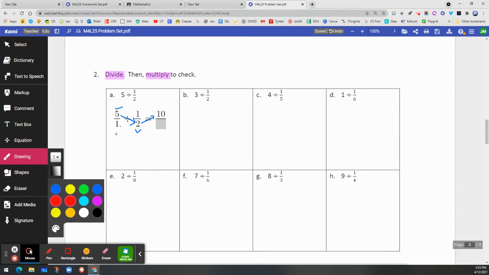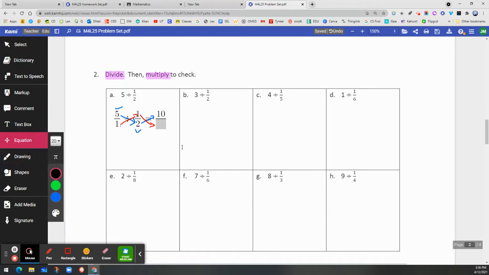Now, our second one is going to be the opposite. You're going to multiply 1 times 1, and the answer is 1, so that's going to go in the denominator. So what is 1 times 1? Equals 1. So now you can see that we have 10 ones, right? Any number divided by 1 equals the same number. So the answer here is 10.